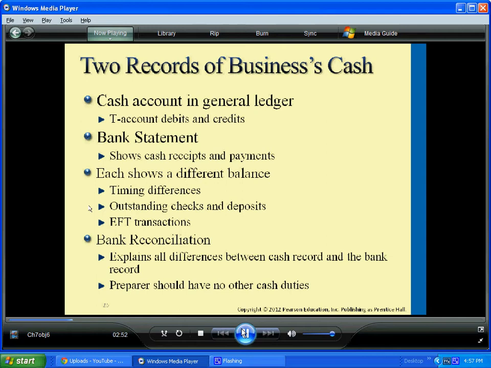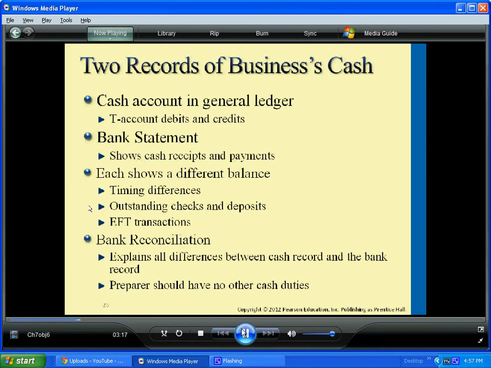And these might not necessarily show up in the cash account, and we might not receive notification from the bank until the statement arrives in the next month. So what a bank reconciliation does is it tries to explain all the differences between the cash record on our books and what the bank record shows.